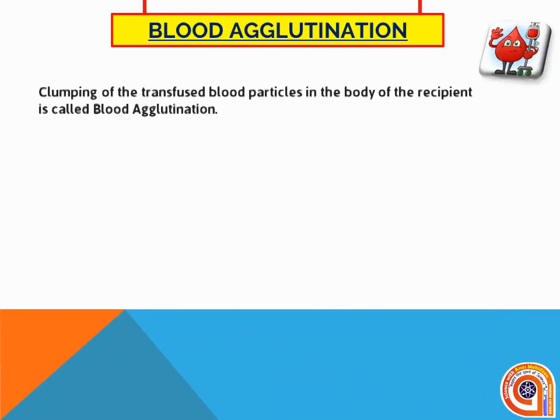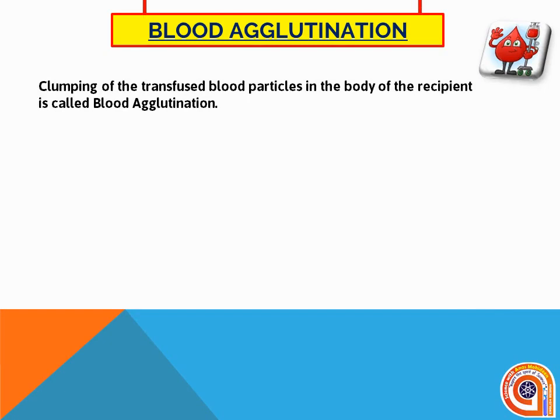So what is blood agglutination? Clumping of the transfused blood particles in the body of the recipient is called blood agglutination. Once the donor has donated the blood, and if this blood is transfused to another person, the recipient, in an incompatible way, after the blood transfusion the blood starts clumping inside the recipient's body. This is called blood agglutination.